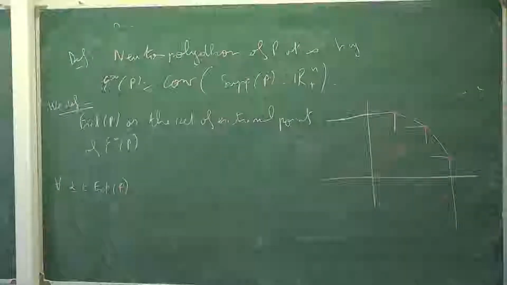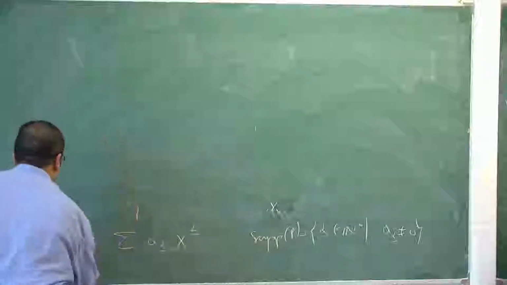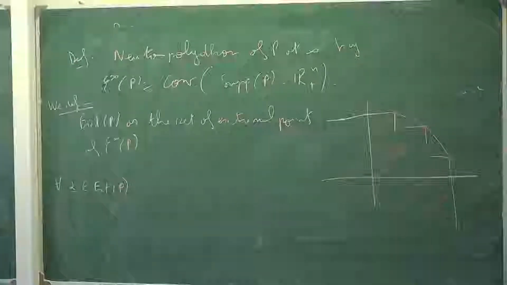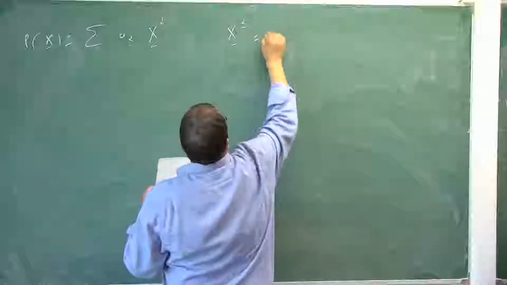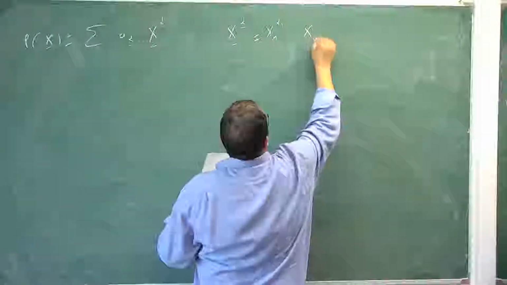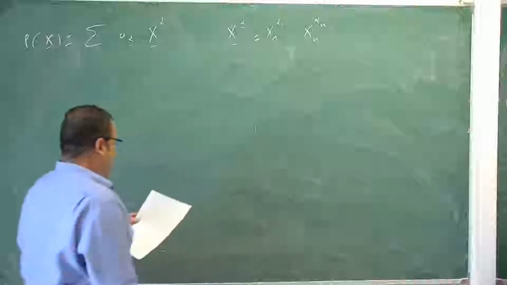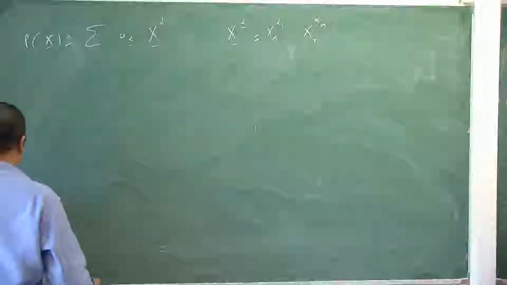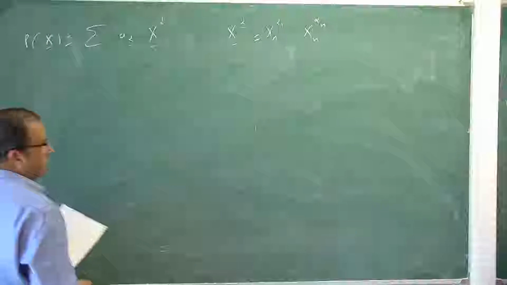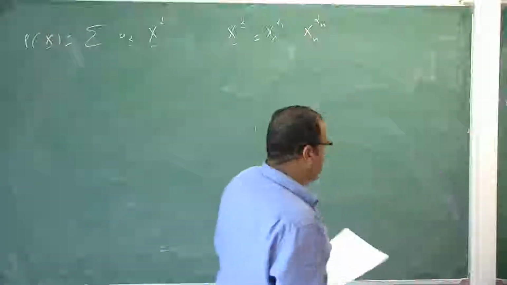So to be more concrete, I need some definitions. I write my polynomial P of x as the sum of alpha x alpha, so x alpha is x1 alpha 1 through xn alpha n, and we define the Newton polyhedron in this way.